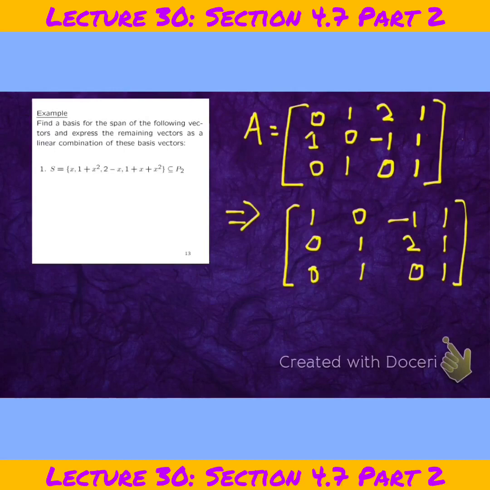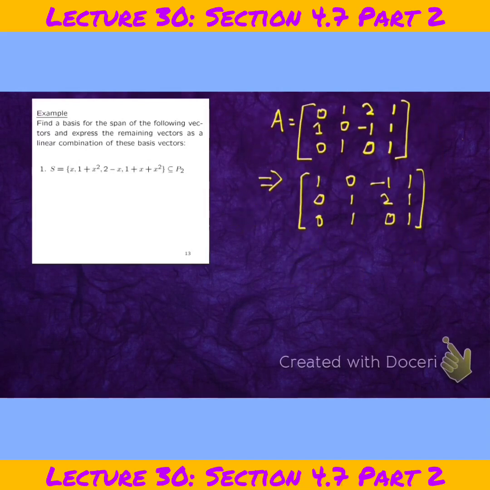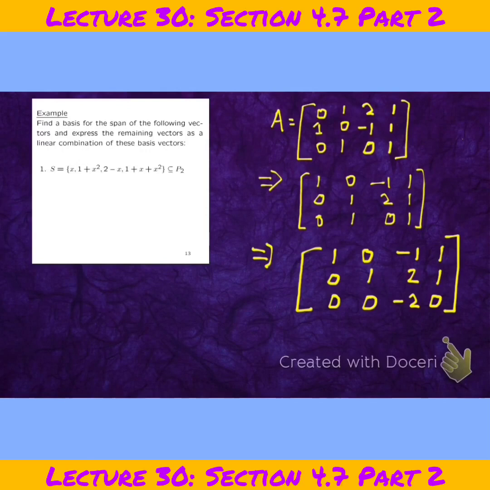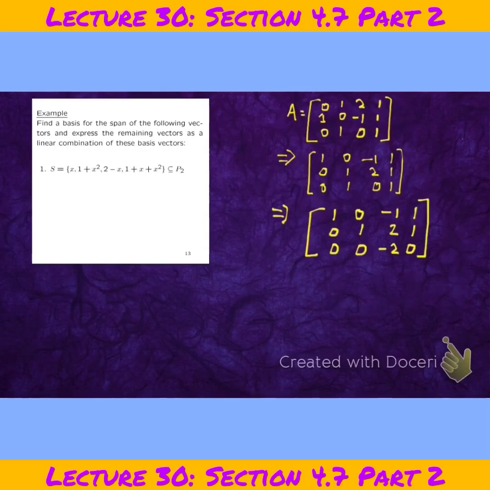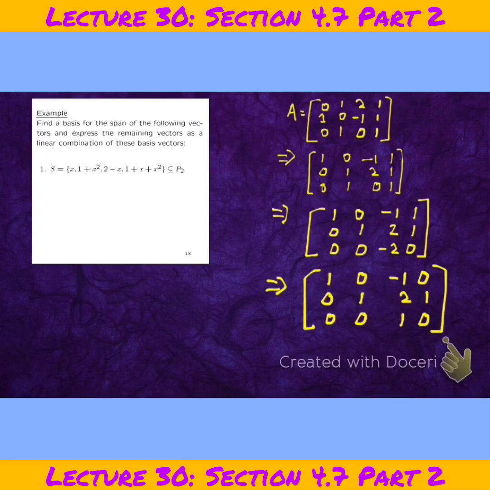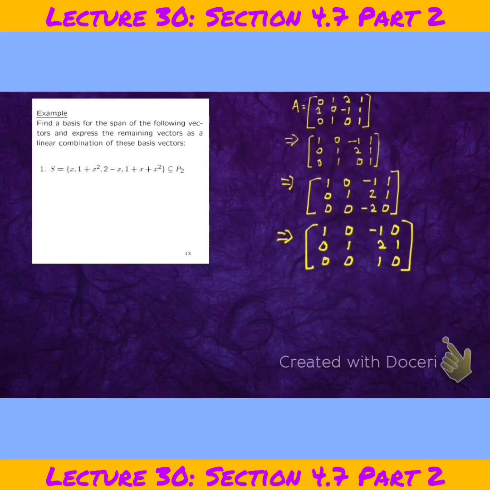Then changing the third row by taking -1 times the second row and adding it to the third row, we get, okay. Then taking the last row and creating a leading one by multiplying through with -1/2, we get, okay, and then going further than that, we get, okay.